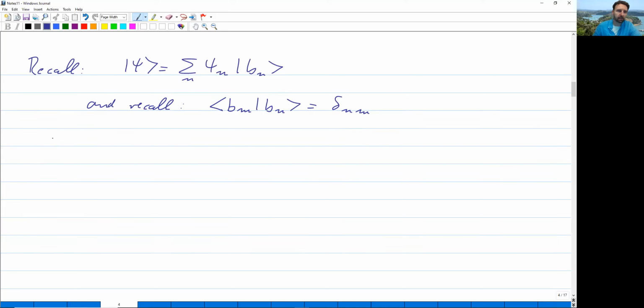Well, then if we apply Bm from the left, we have Bm applied to the left-hand side of the equation is equal to Bm applied to the right-hand side of the equation. So the sum over n, and then psi n Bn.